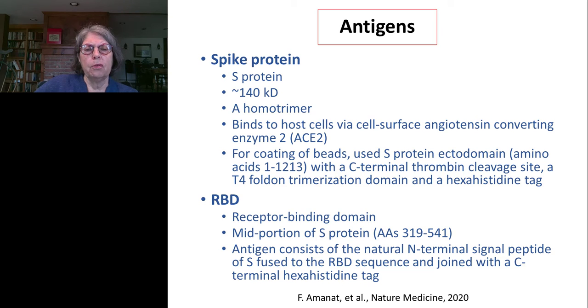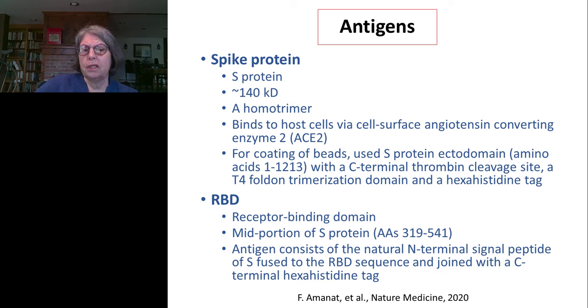The spike protein binds to the host cell via the surface angiotensin converting enzyme 2, ACE2. So the spike protein binds to the ACE2 on the surface of receptive cells.